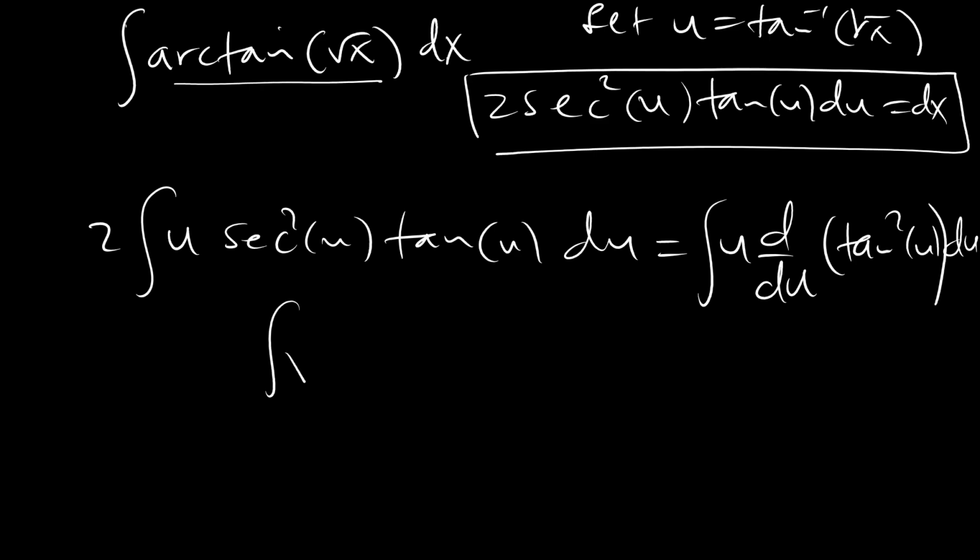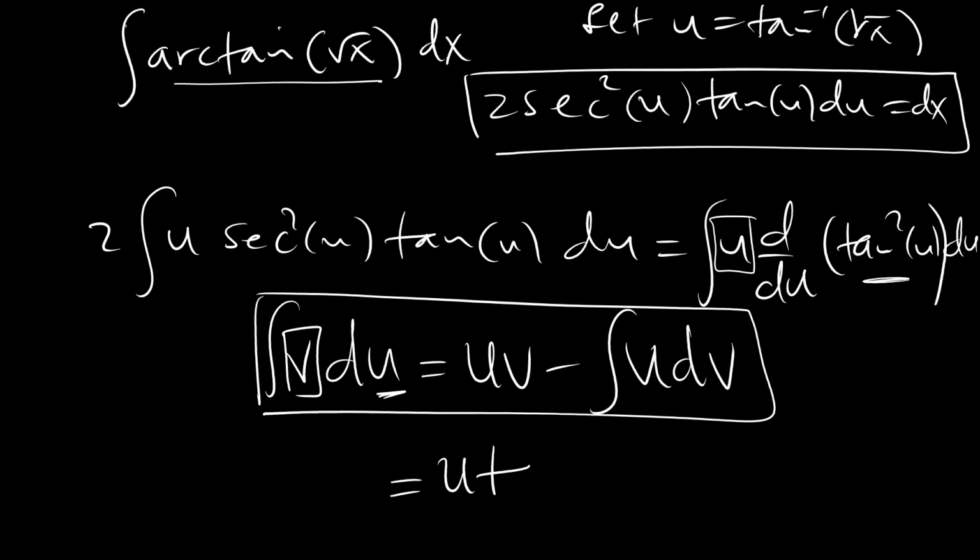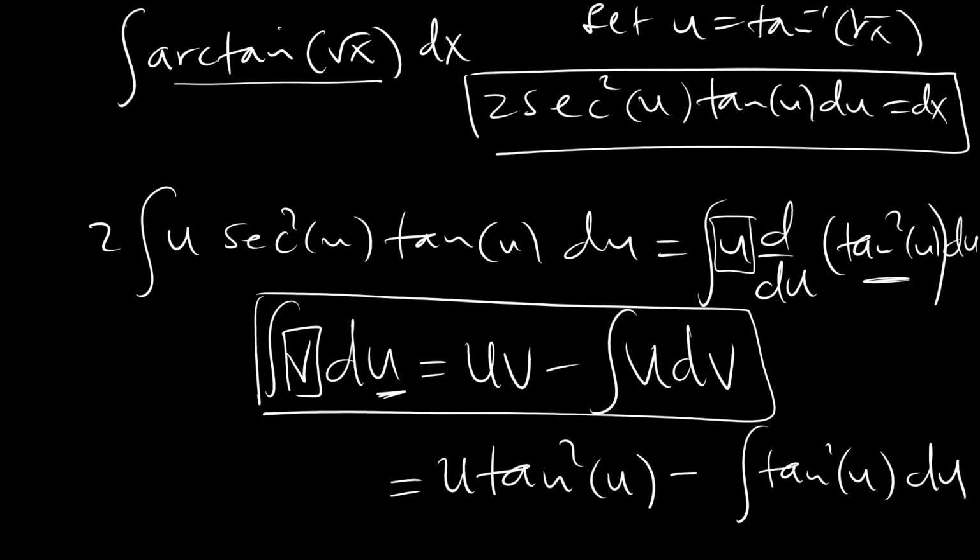So using integration by parts, where if you have a product of function u and the derivative of function v integrated, we have uv minus the integral of v times the derivative of u, such that if this here is our u and this here is our v, then our problem becomes u tangent squared of u minus the integral of tangent squared of u, where the derivative of u is du.